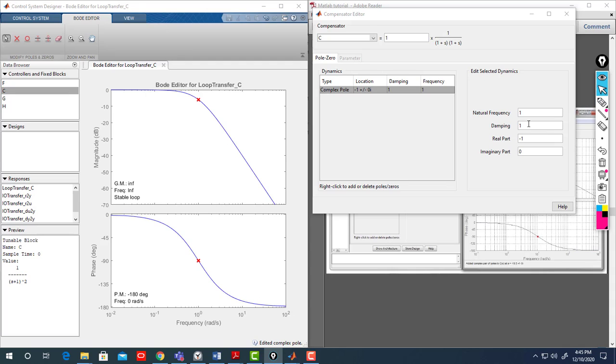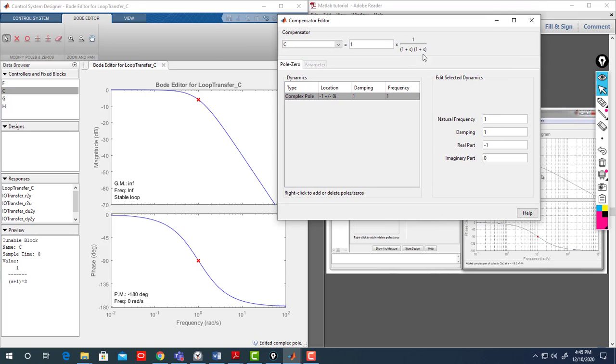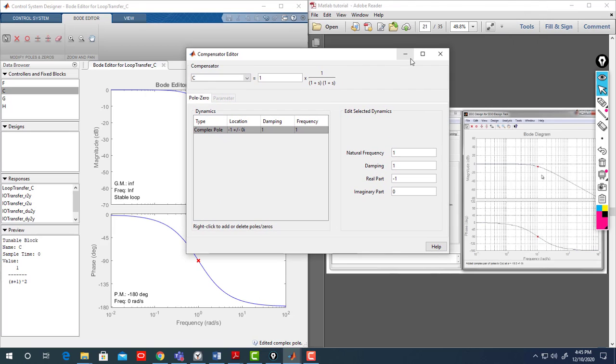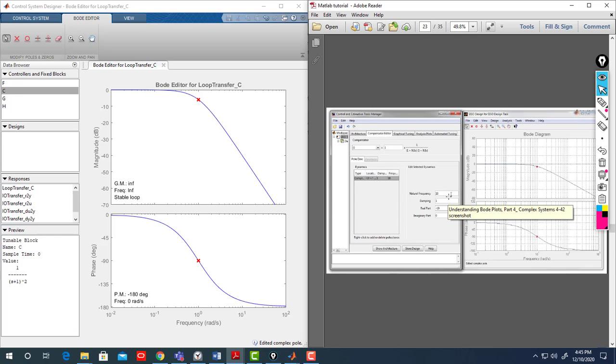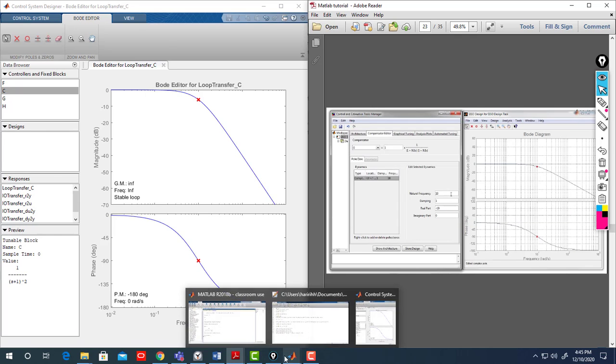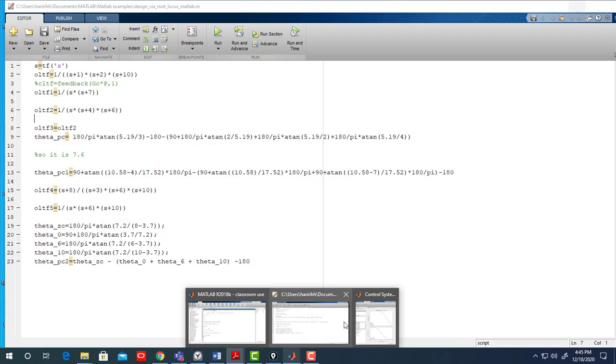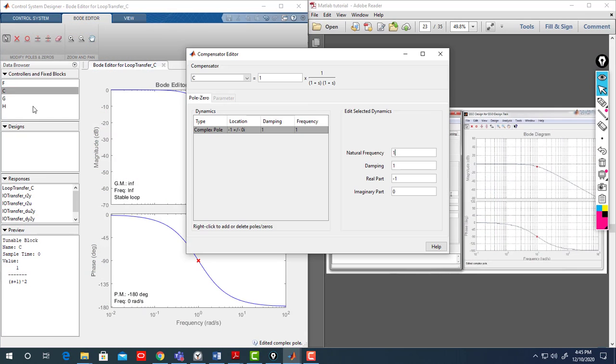So now let's follow the tutorial. They added it here, and you look at your system 1 over s plus 1, s plus 1. What else in the tutorial? They take natural frequency of 10. If you take natural frequency of 10, what will happen? So now I take natural frequency not of 1, I take it 10.